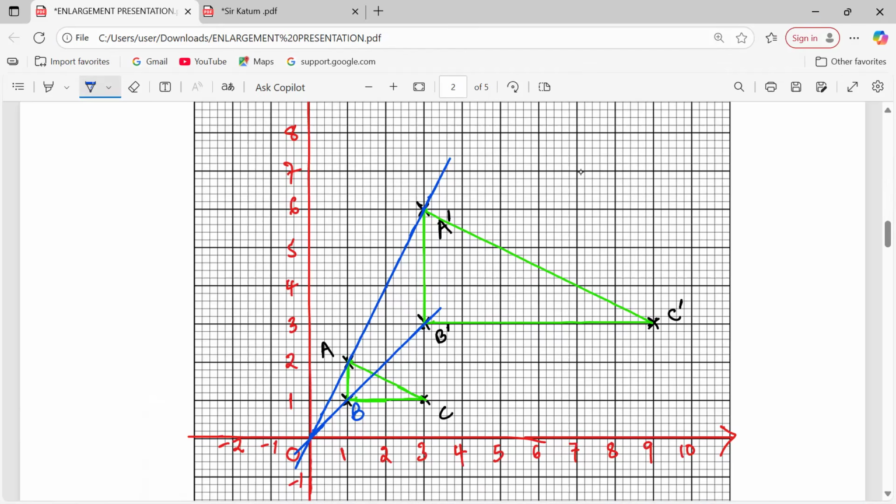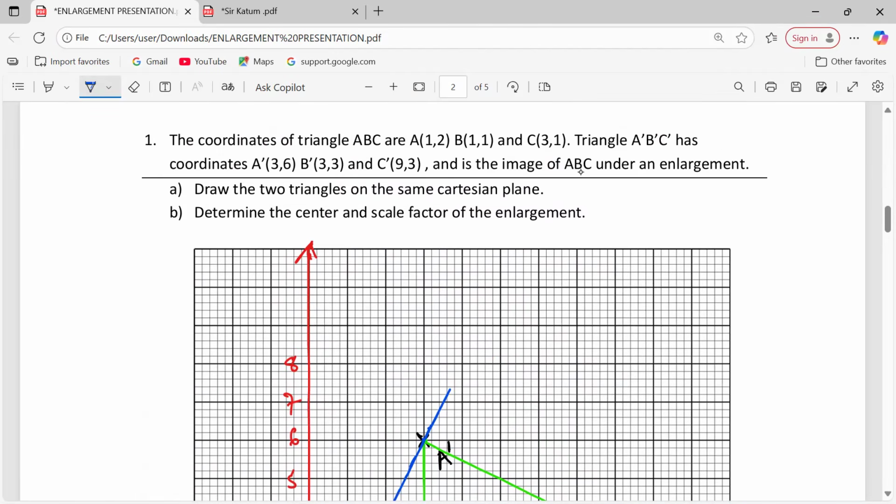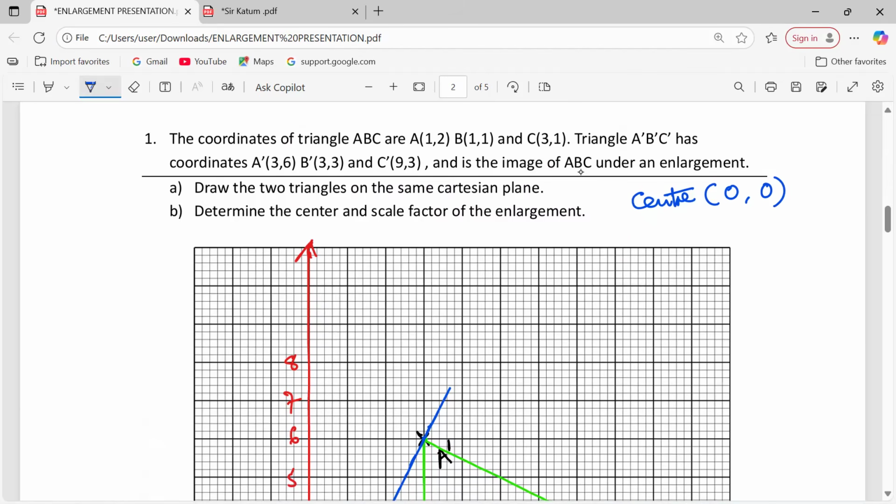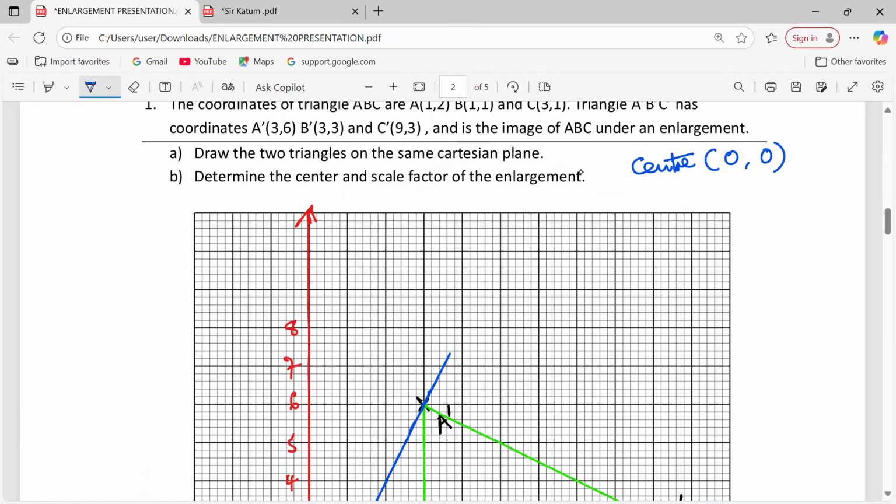But now we can still confirm with C. So in case you wanted to join C to C prime, it is confirming that the center is indeed the coordinate 0, 0. Therefore, in this question, the center is 0, 0. So we've determined the center.